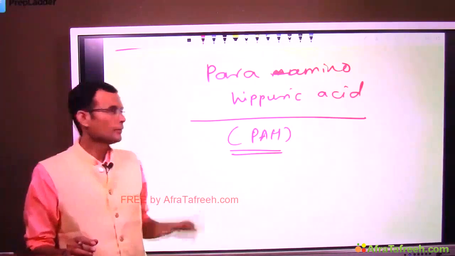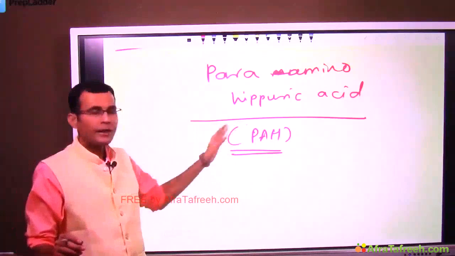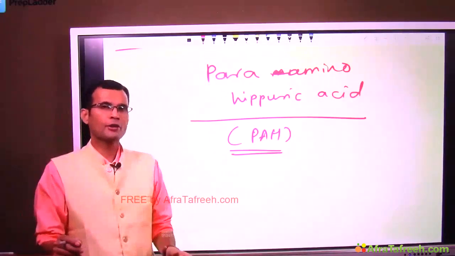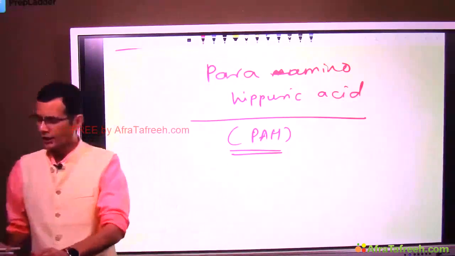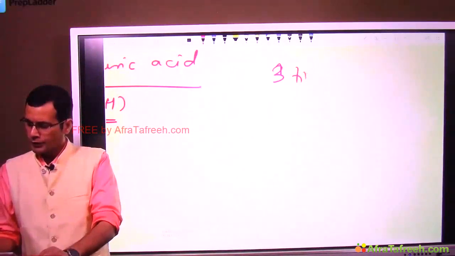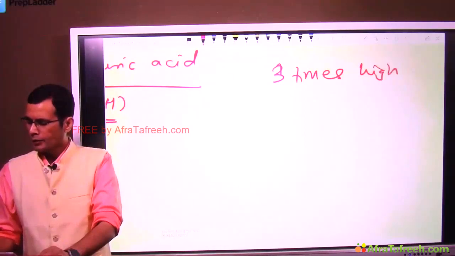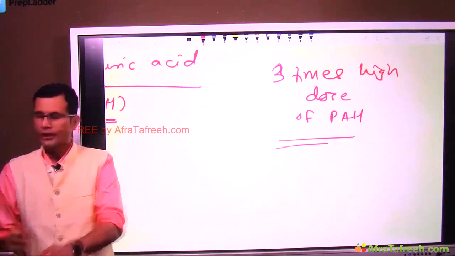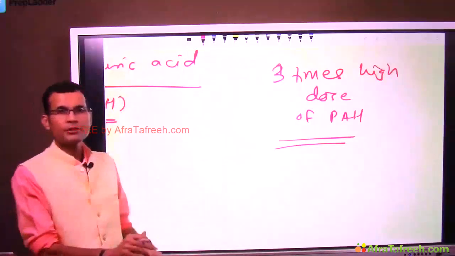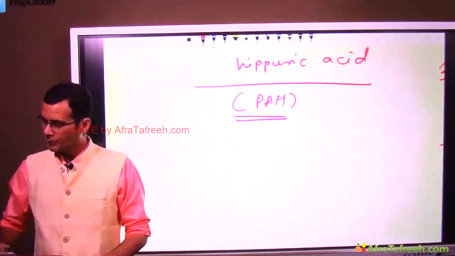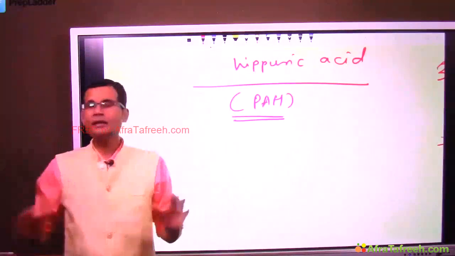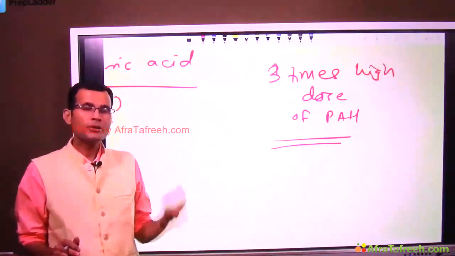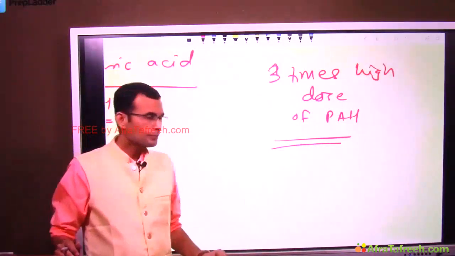So the technician was going to give PAH, but the technician made a wrong calculation and gave thrice the recommended dose, three times the dose of PAH, wrongly injected in the patient while measuring the renal blood flow. So what will be the effect of this wrong calculation on the measurement of renal blood flow?